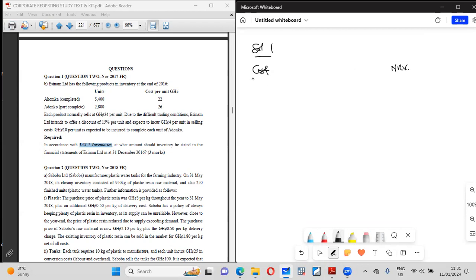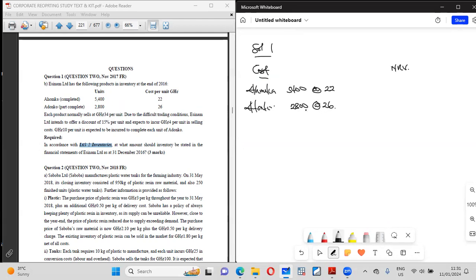Now let's look at these things. We are told that the cost, we have Ahumka and Adonko. Remember, we said that you have to separate them. We don't put them together. The units we have are 5,400 and 2,800. The cost for this one is 22, and for this one is 26.